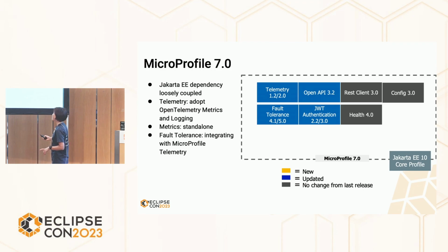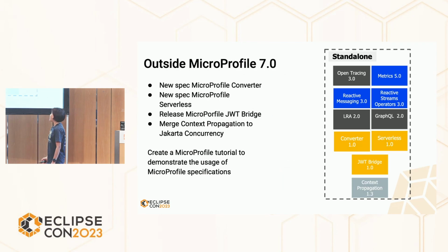And the JWT will have a change because some part of the JWT authentication will be moved into a new spec called JWT Bridge, which I will discuss later. And then there might be some change in the config as well. We have not evaluated it, but work will be done to see whether we need to release a new version of MicroProfile Config. So that's MicroProfile 7.